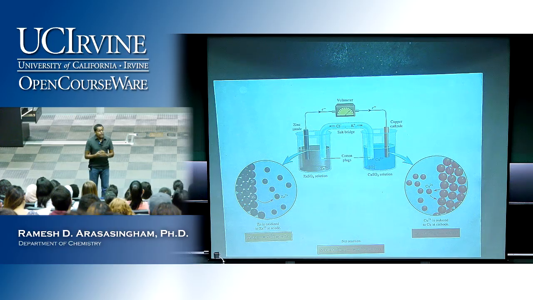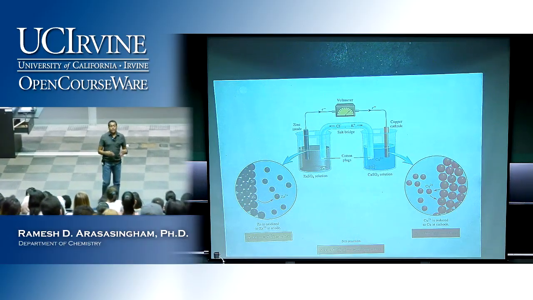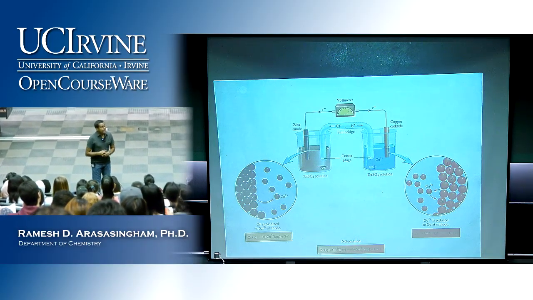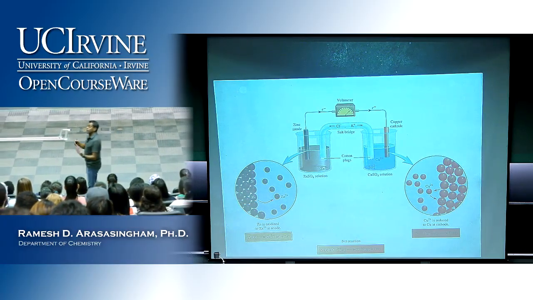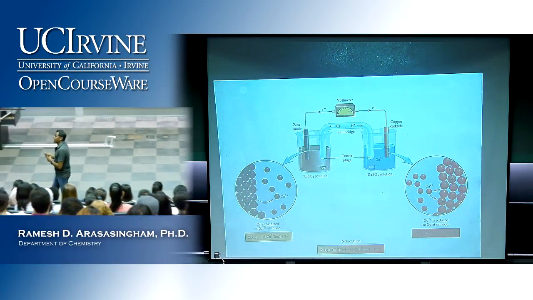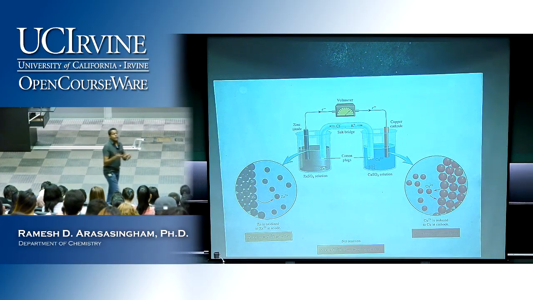All right? Now, when we complete the circuit, we know that when you have flow of electrons, you have a current flowing. A different way in which you can have current flowing is also to have motion of ions. All right? If you have movement of ions too, you can have a flow of current.